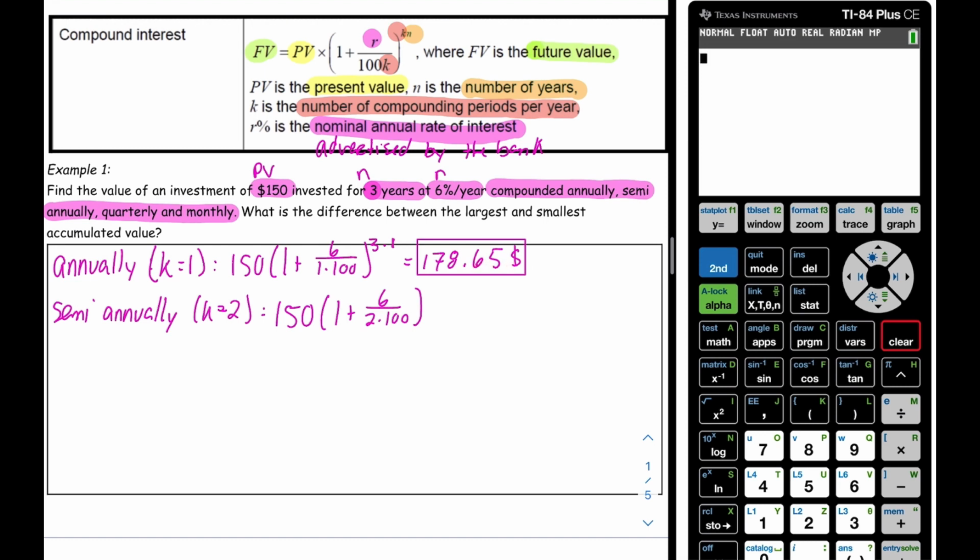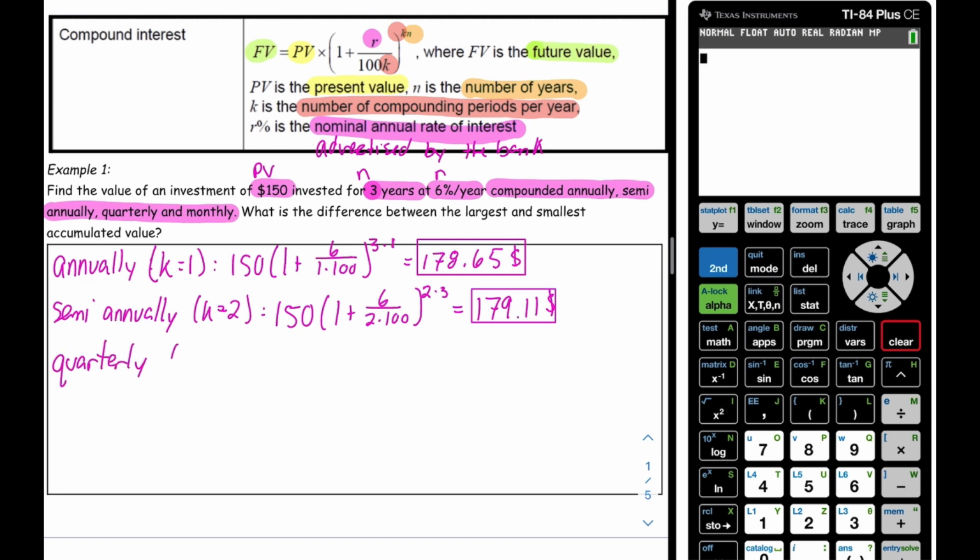Now let's repeat the same process but semi-annually. So k is equal to 2. So that means that in the exponent, I'm going to have 2 times 3. And if we put this into our calculator, we get $179.11. And then we can repeat quarterly.